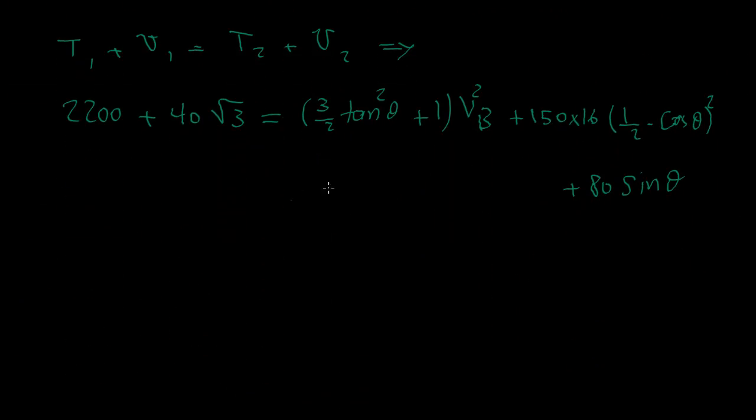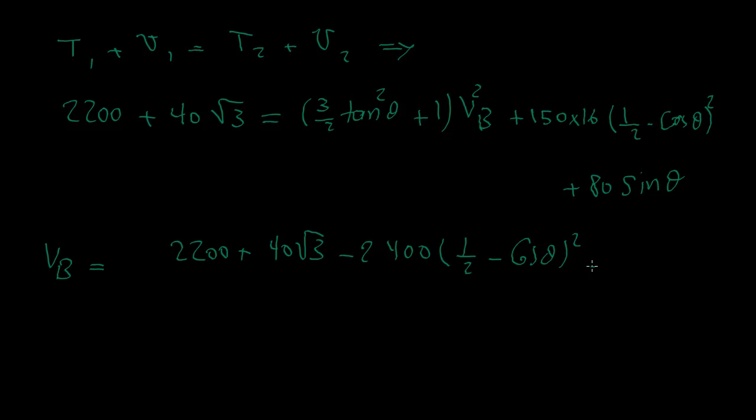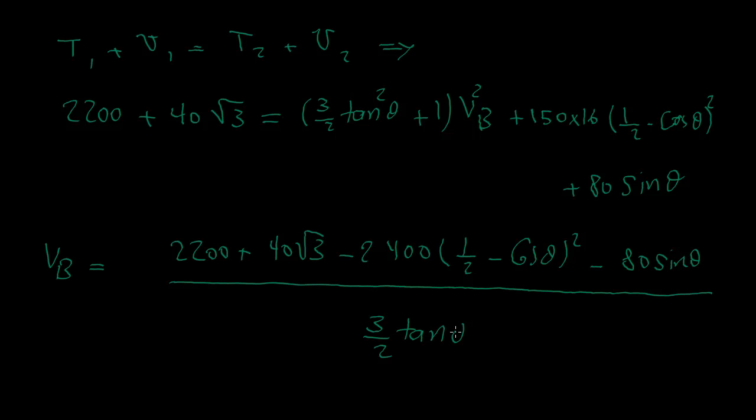So here, to simplify this, VB is equal to 2200 plus 40 square root of 3 minus, so this would be 2400, yes, times 1 over 2 minus cosine theta squared, minus 80 sine theta, over 3 over 2 tangent of theta squared plus 1, and the whole thing should be inside a square root.